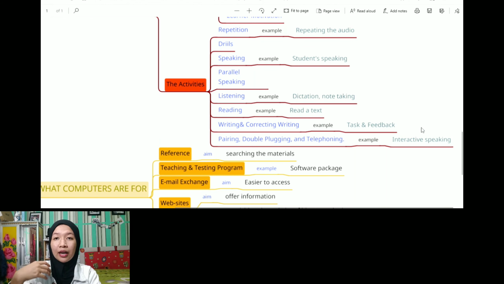The teachers can also give the exercise or the task of writing, and the students do the task, and then students submit it to the teachers, and the teachers give feedback. It is true or it is wrong. And the last is pairing, double plugging, and telephoning. For example, interactive speaking. Okay.